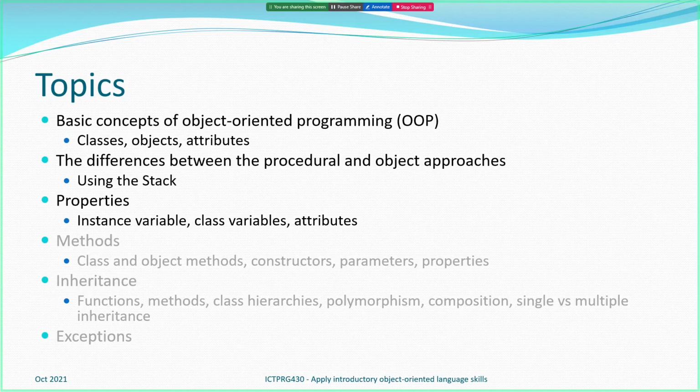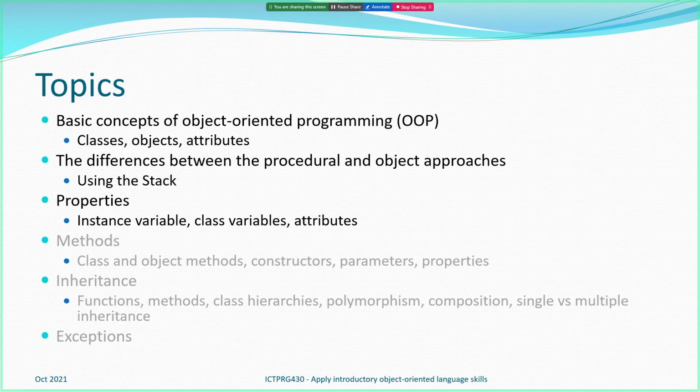And we'll be using a stack, which is one of the ways we can handle data, as an example to demonstrate object approaches to this. Then we'll wrap up with properties, which is variables, the difference between instance and class variables and the attributes associated therewith.